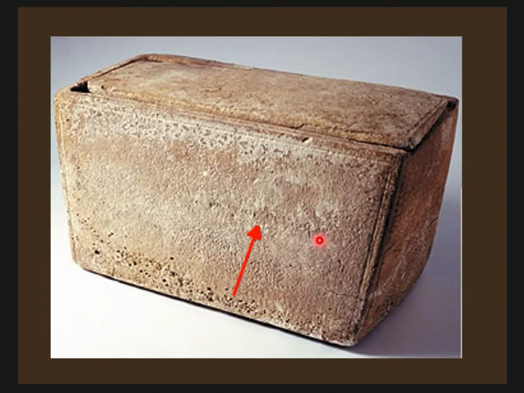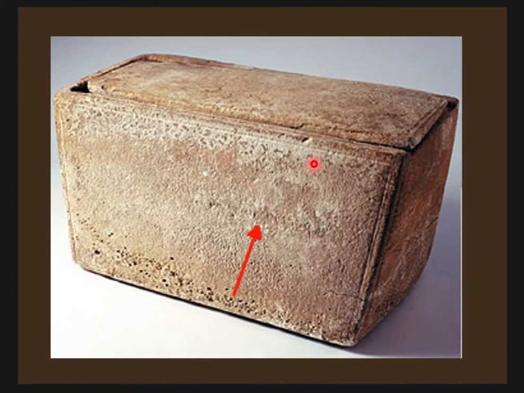Now, if this was an authentic artifact, and some people thought that the box was authentic, but the inscription was added later, what he decided to do was to scrape out patina from inside of the inscription and scrape off patina from the box and examine them.